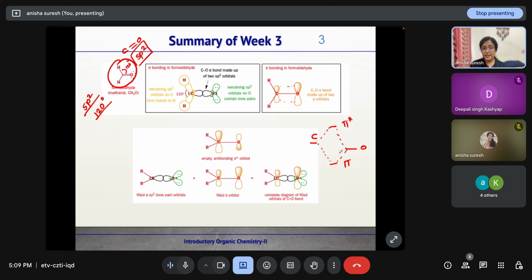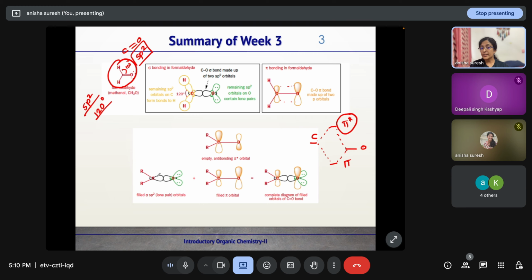So here, as you have seen, the pi star orbital will be closer in energy to that of the carbon, and because of that it will have a greater contribution of orbital on the carbon atom. So that is why here the lobe is larger in size compared to that on the oxygen. So this is the pi star antibonding orbital, which is empty, and this is the filled pi orbital.